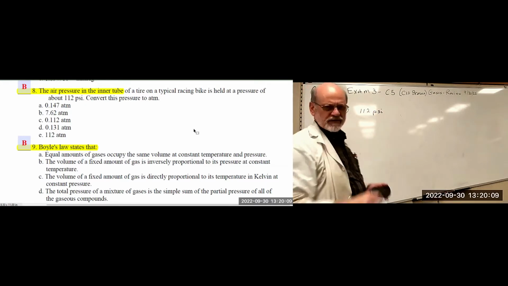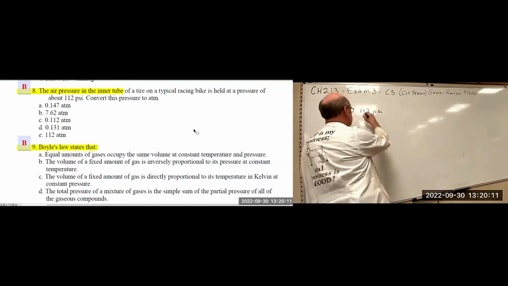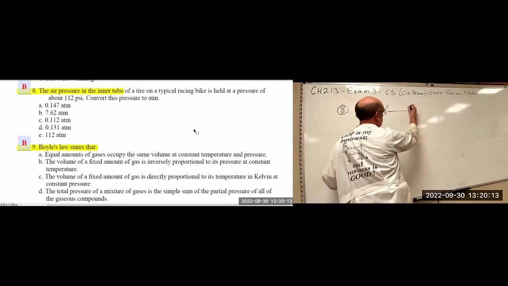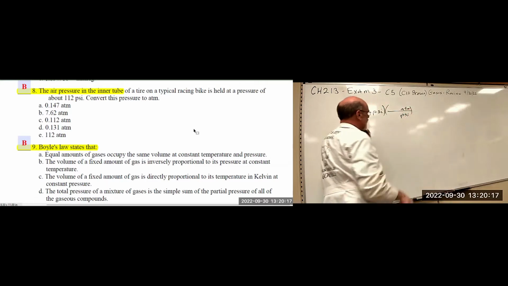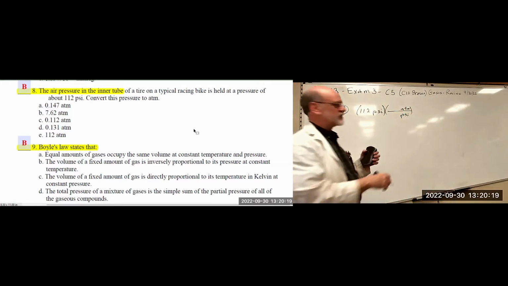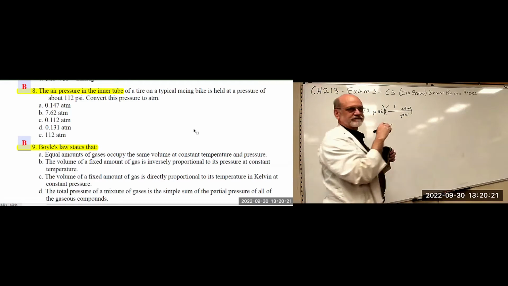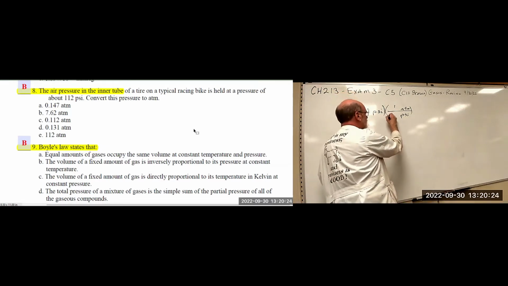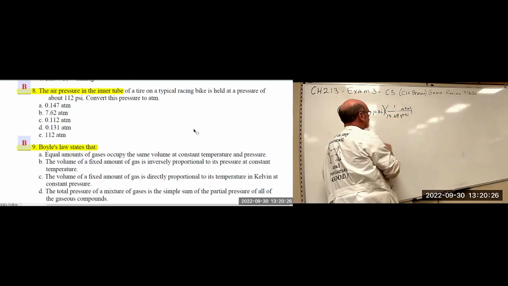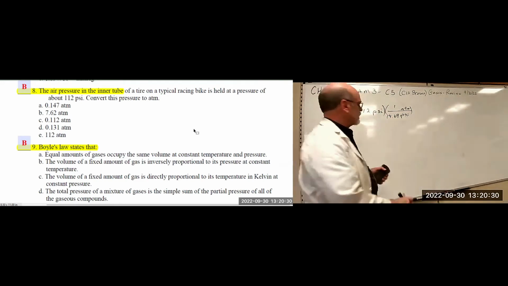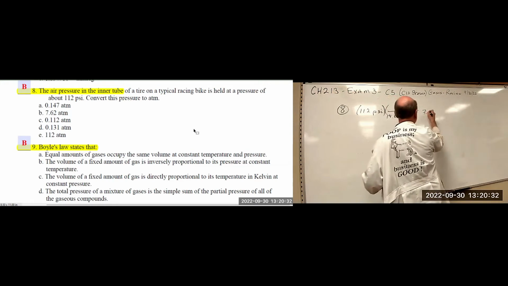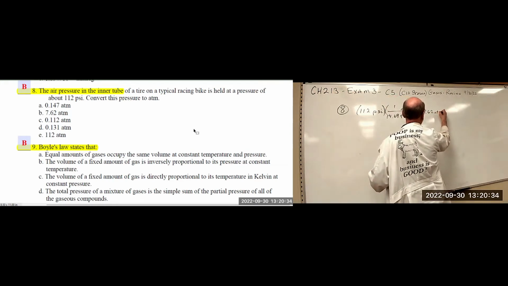And it wants to know what is that in atmospheres. All right, so we got another unit conversion. So how many psi is 1 atmosphere? Do you remember? 14.69. You divide that into 112, and you should come up with 7.62 atmospheres.